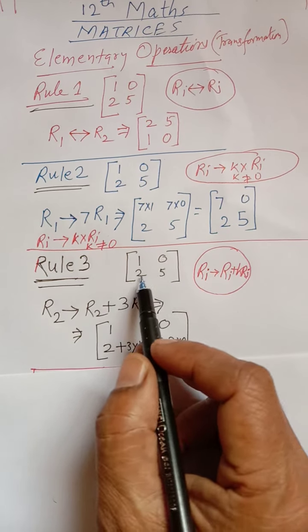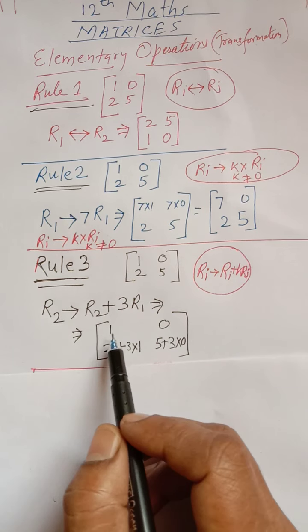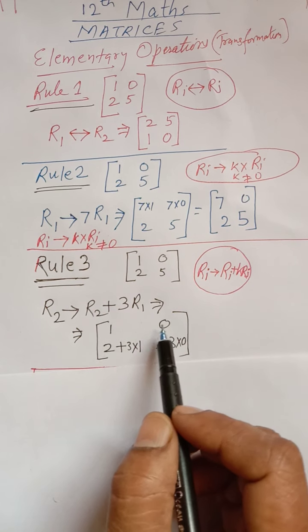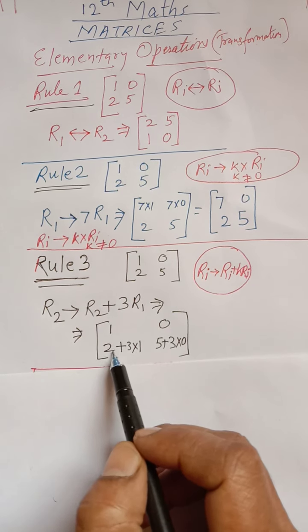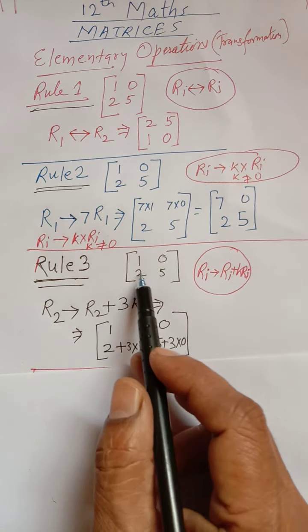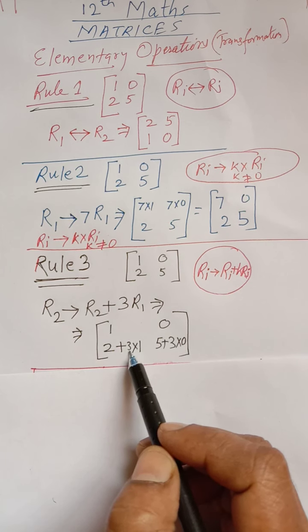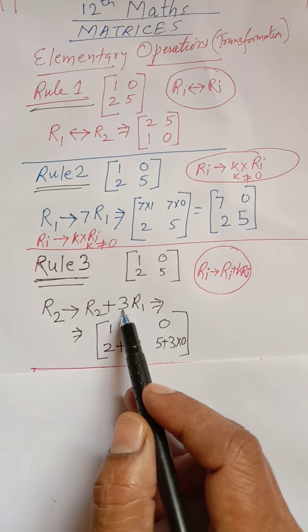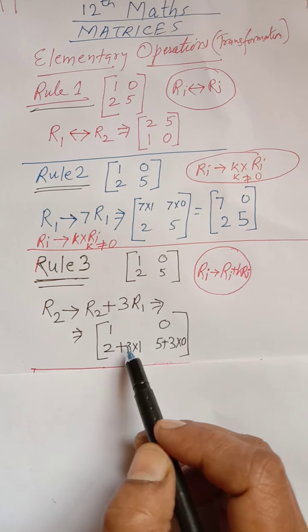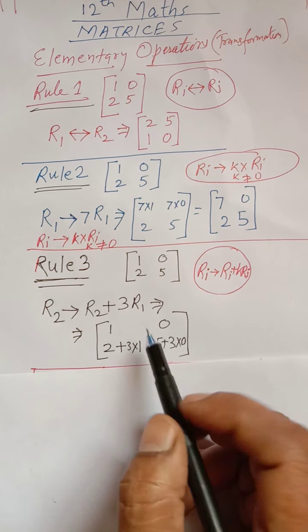This is 1, 0, 2, 5. We are operating on R2, so R1 we are not changing. So write R1 as it is, 1, 0. Now R2 plus 3R1: 2, and row number 1 you take, multiplied by 3. Here if it is 4, you will write 4; if it is 5, you will write 5. Whatever number you can take as per the requirement.